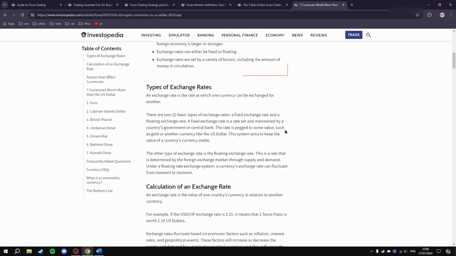There are two basic types of exchange rates: a fixed exchange rate and a floating exchange rate.